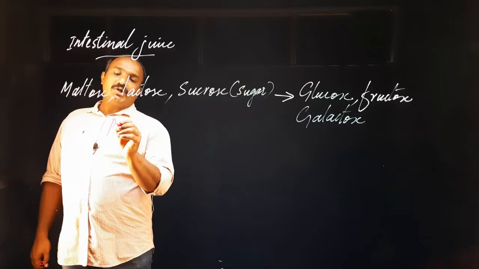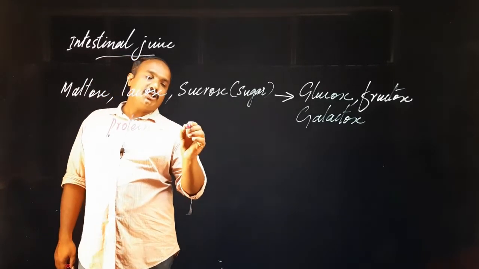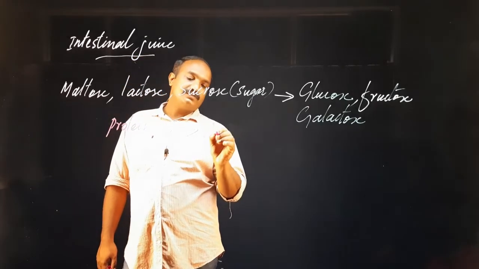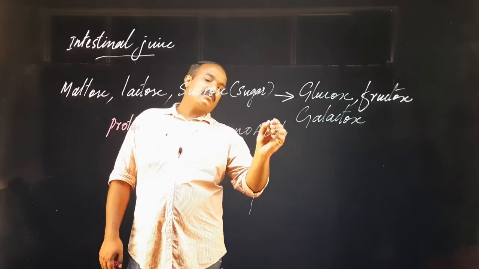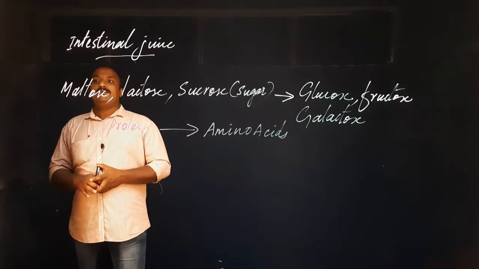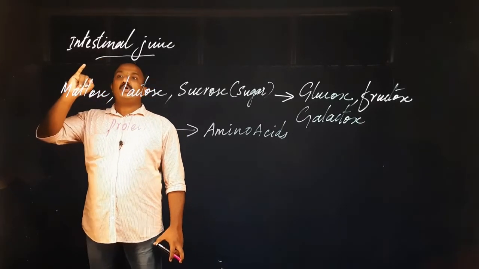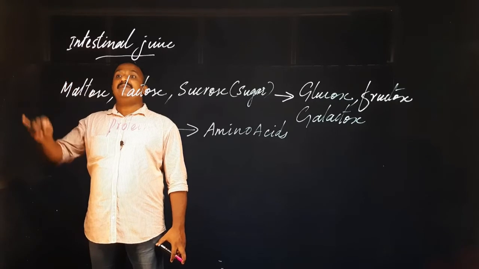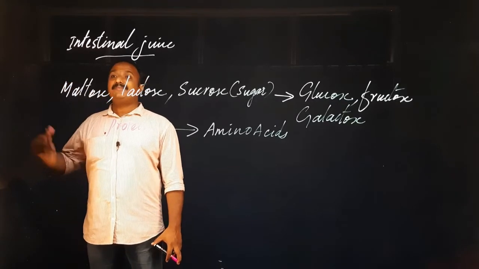Next, there are some other types of enzymes. They convert protein into, look, amino acids. So first, from the stomach, protein was converted into peptone with the help of pepsin.